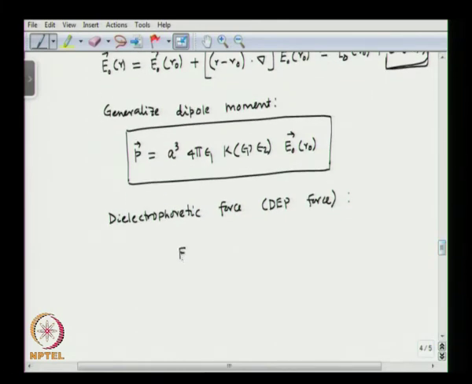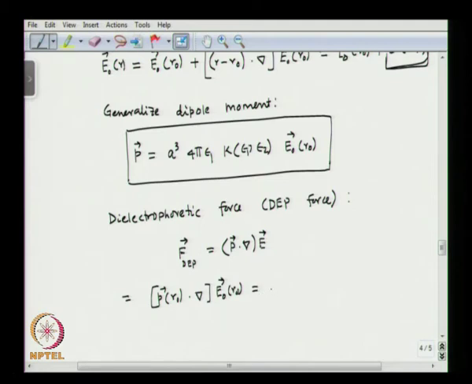So F_DP is going to be the dipole moment to the gradient of the electric field, right. So this is going to be equal to p(r0) into the gradient of the electric field at r0. Okay, so this is the vector.